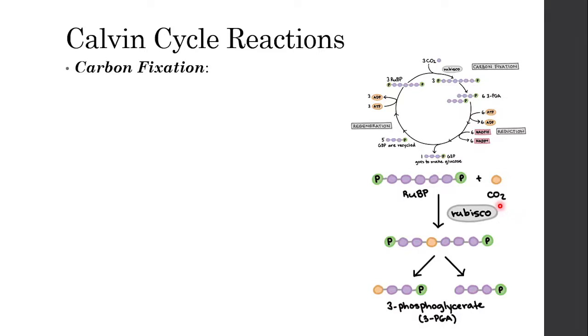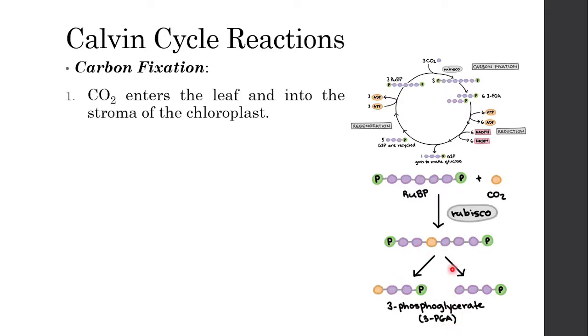What we mean by that is we take an inorganic carbon, such as the carbon that we find in CO2, and attach it to a molecule that is organic, which in this case would be 3-PGA.